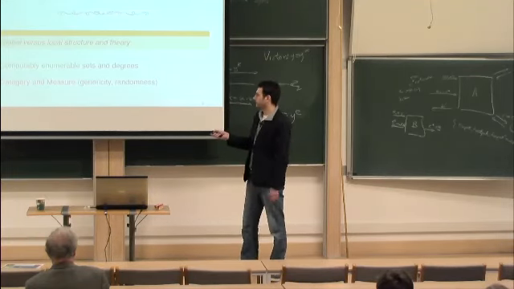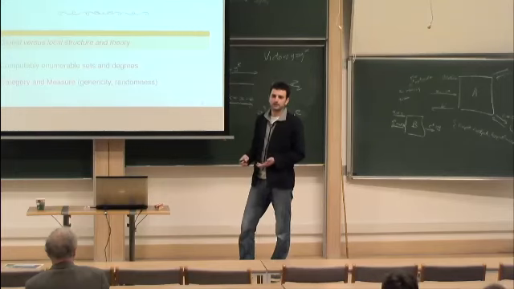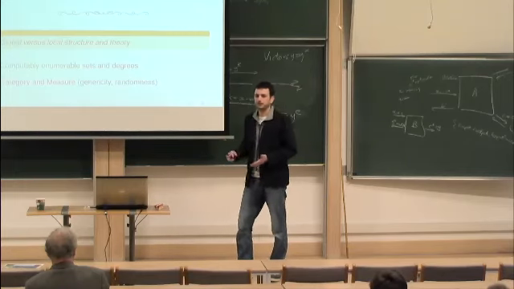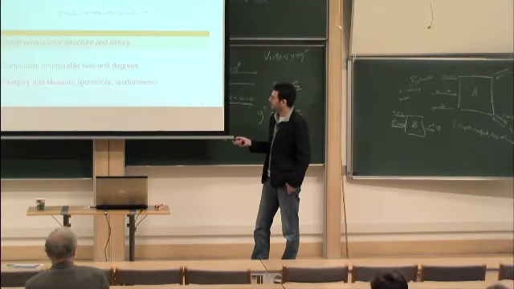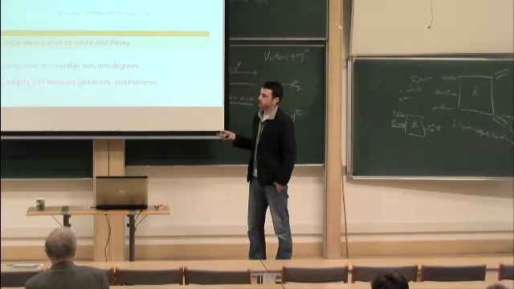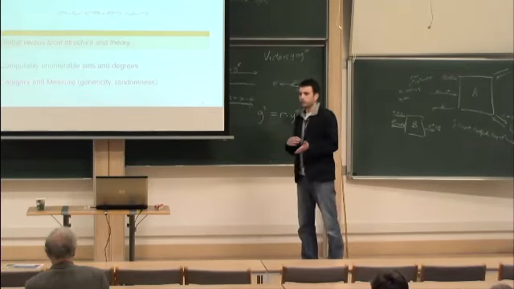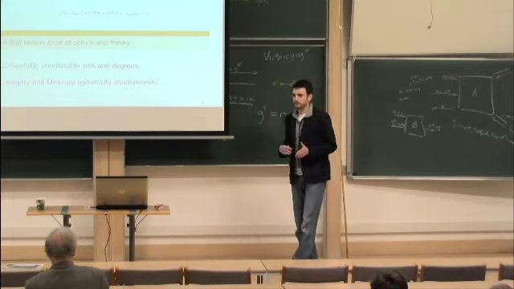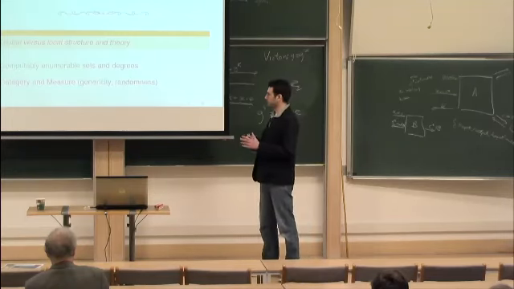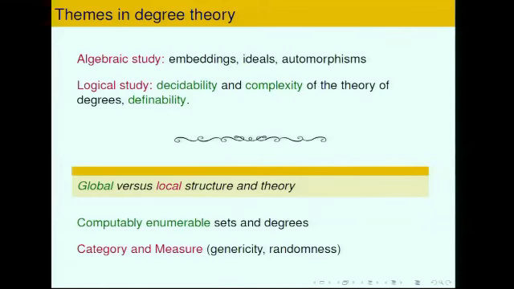In a bare category sense, it is a comeager set, or some effectively comeager set. In measure theory, you show that it's measure 1. It can either have measure 0 or 1 if it's measurable, because of Kolmogorov's 0-1 law, because degrees are invariant under finite differences. If you change an infinite binary sequence at finitely many places, you get the same problem, essentially.